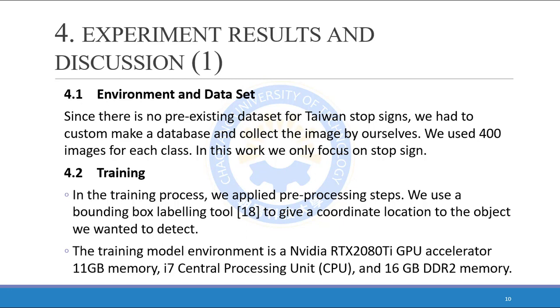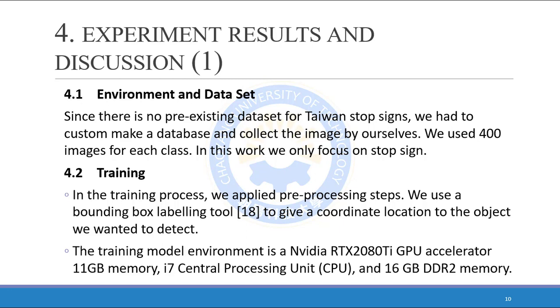Since there is no pre-existing dataset for Taiwan stop signs, we had to build a custom database and collect the images by ourselves. We used 400 images for each class. In this work, we only focus on stop signs. In the training process, we applied pre-processing steps. We manually detected and recognized the traffic signs.